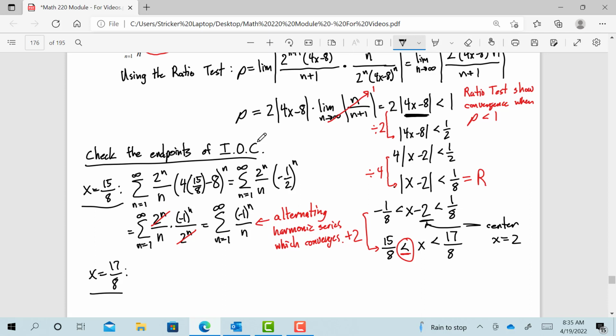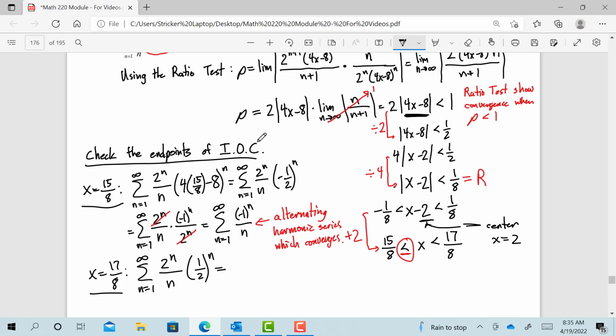Okay, welcome back. Now, when you go ahead and plug in 17/8 you should get something that comes out to 2 to the n over n times positive 1/2 to the n.